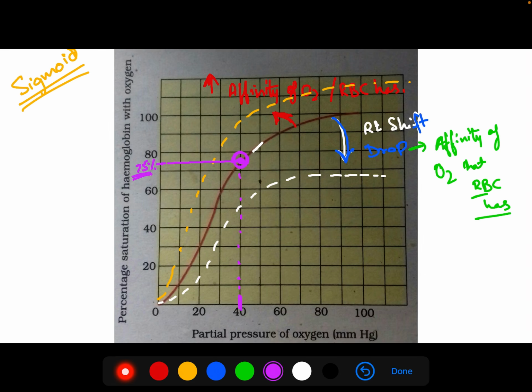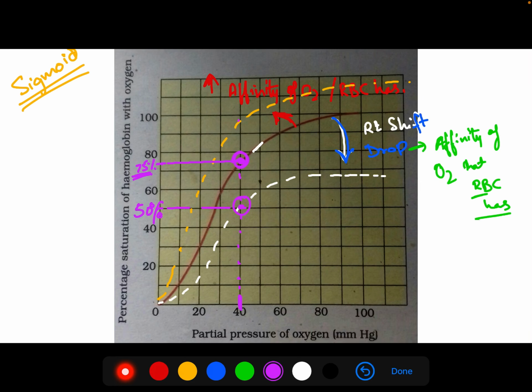oxygen that the RBC has. Now if we say the curve is shifted towards the right, let's plot the graph with respect to this white curve here. So this will be the point. Now if we plot it like this, you can see the oxygen saturation has dropped from 75% to 50%.